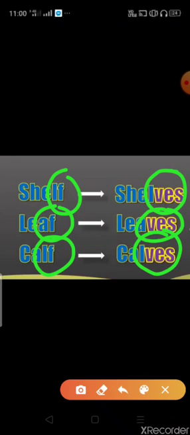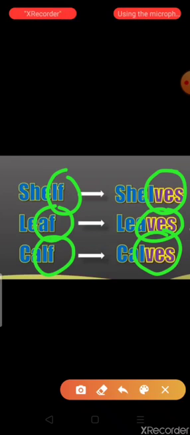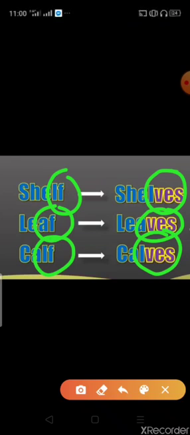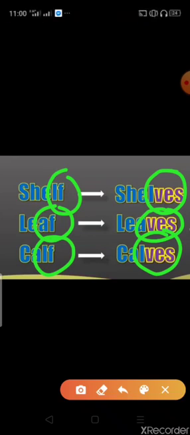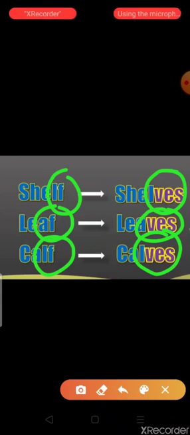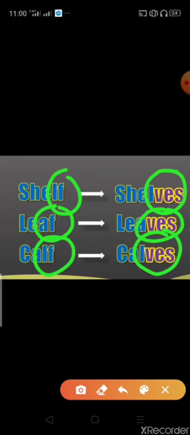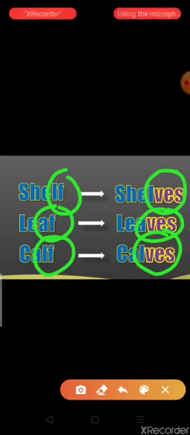Students, always remember this because it is very important for you. For the noun words made plural with VES, one important thing is that VES will only be used when the noun ends with the letters F and FE.